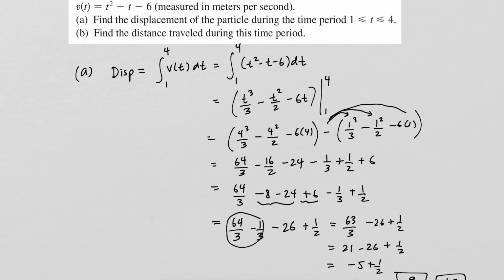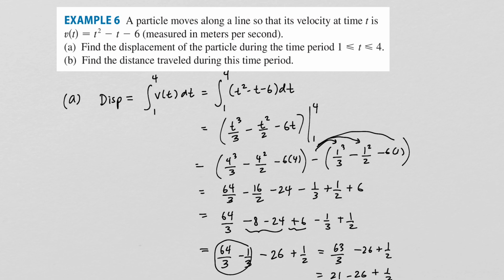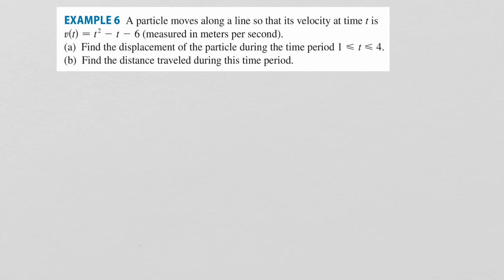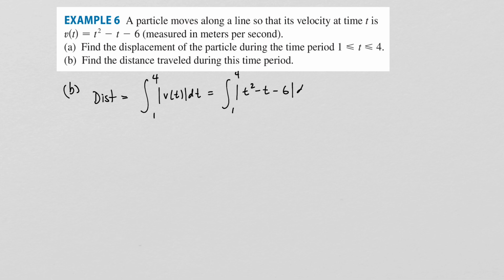Now let's get the total distance traveled. So to find the total distance traveled, we need to take the integral from 1 to 4 of the absolute value of the velocity function. And this is the integral from 1 to 4 of the absolute value of the function t squared minus t minus 6 dt.